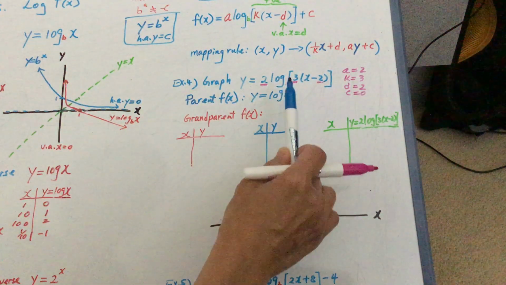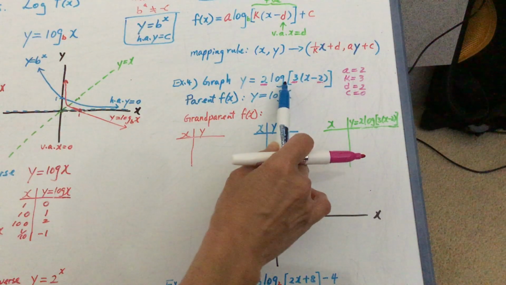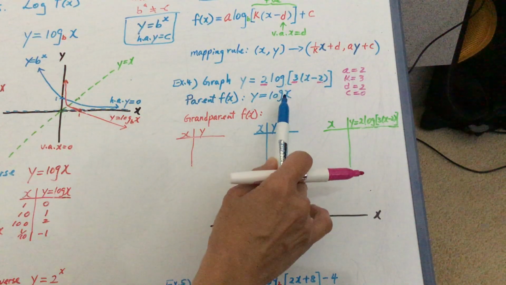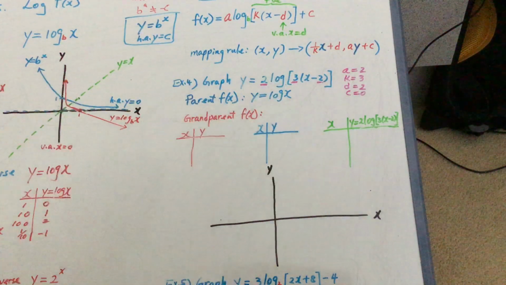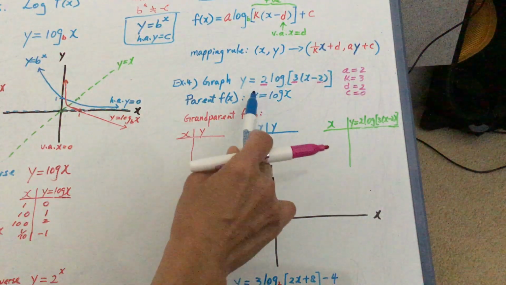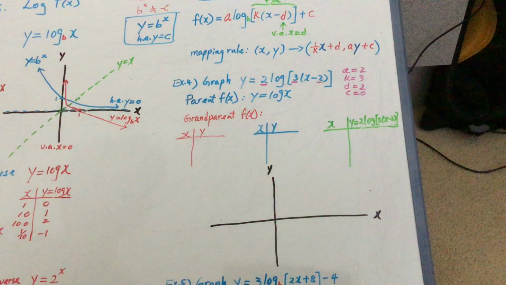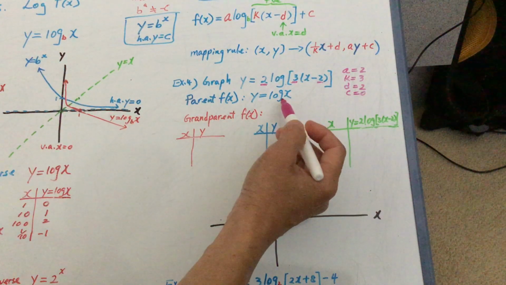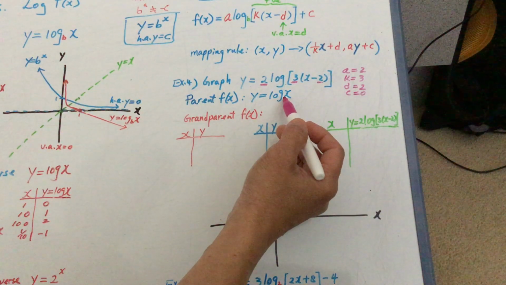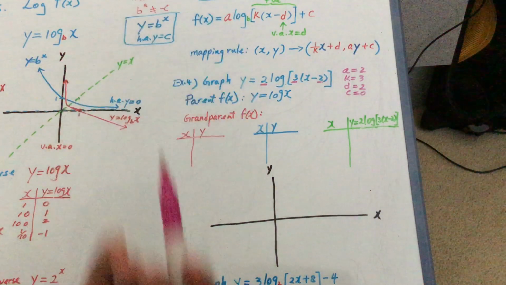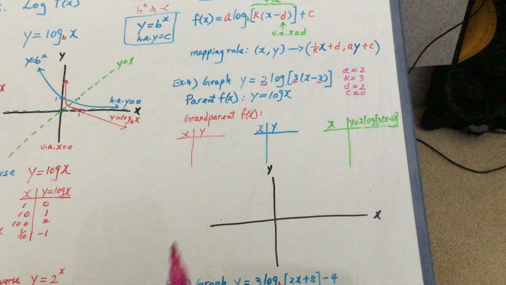Why log x? Because this one has no number beside it, that means the base must be 10, same as this one. So I'll call this the parent of this one. But because I cannot get the table values in this form easily, I need to go back to the grandparent function.